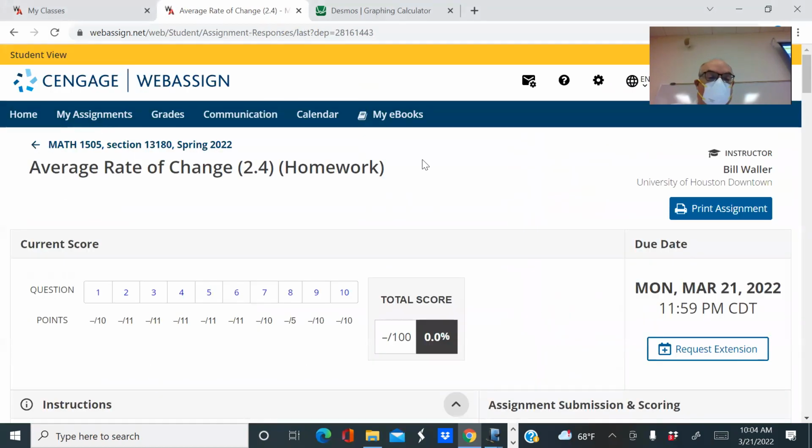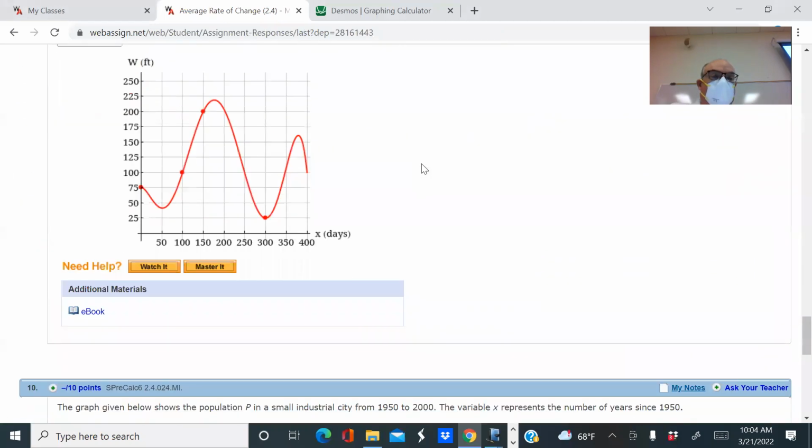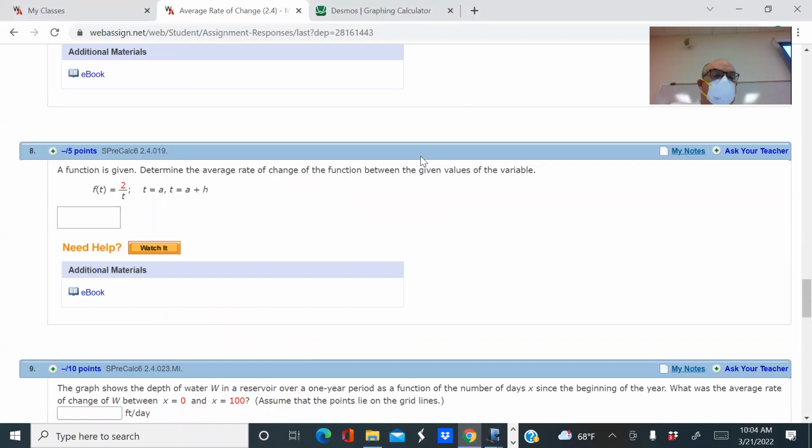I don't know, maybe the online help is good on that problem, but I'm not sure. It's the problem close to the end here, where it's a very simple formula, but computing the average rate of change turns out to be a bit complicated just because of the nature of the formula.